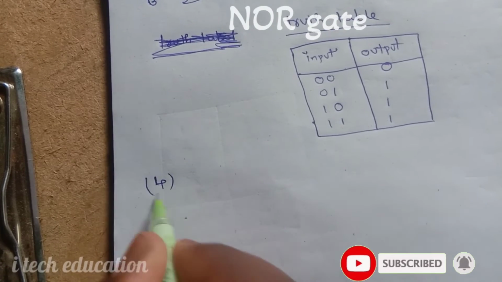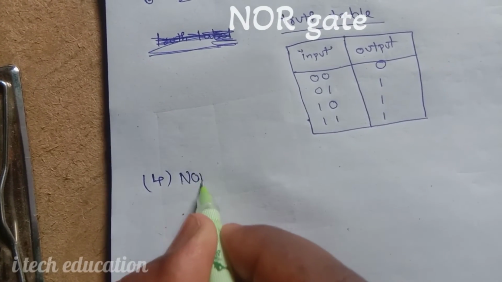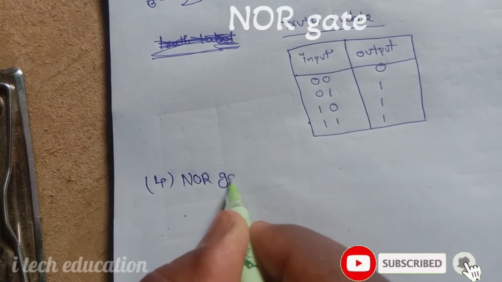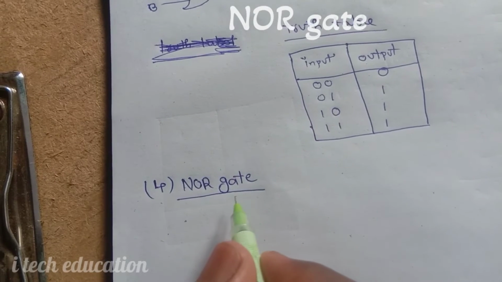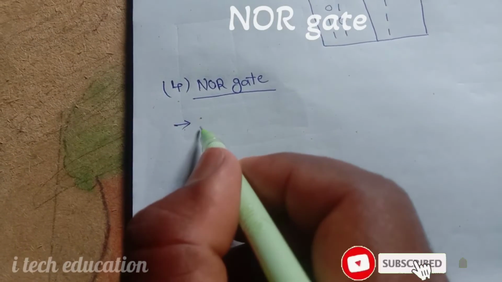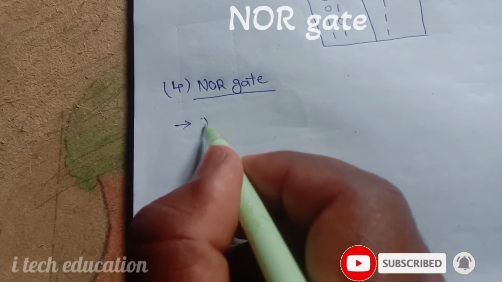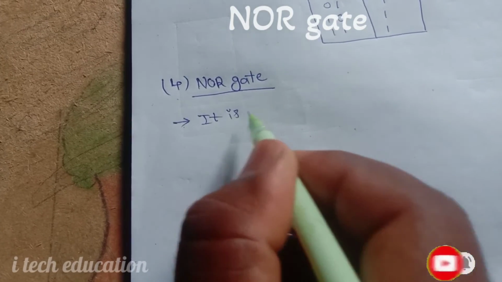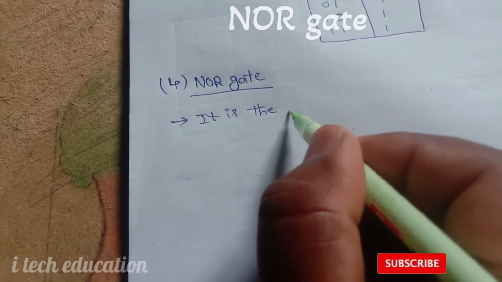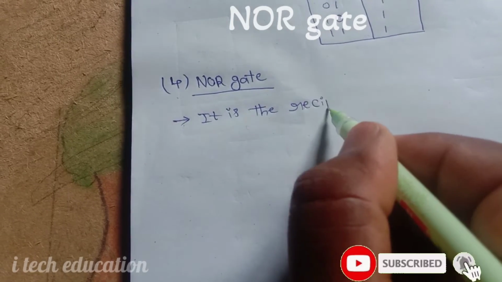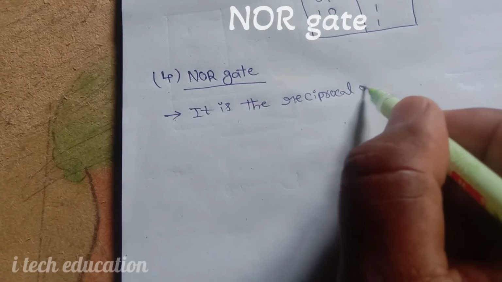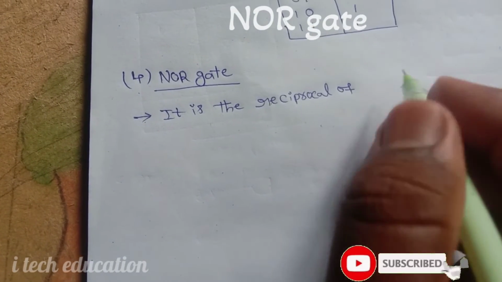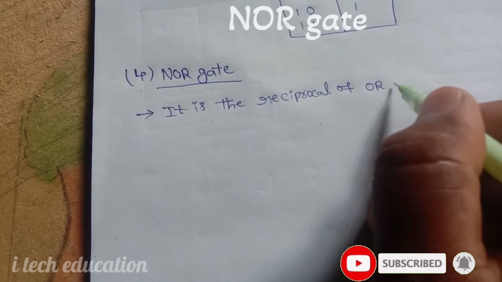Let us see the fourth one, that is NOR gate. The definition of NOR gate is: it is the reciprocal of OR gate.